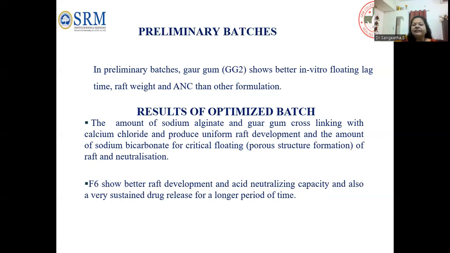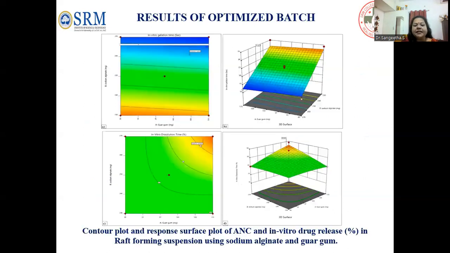F6 shows better raft development and acid neutralization capacity, and also very sustained drug release for a longer period of time. So these are the contour plots and response surface plots of acid neutralization and in vitro drug release percentage in raft-forming suspension using sodium alginate and guar gum.